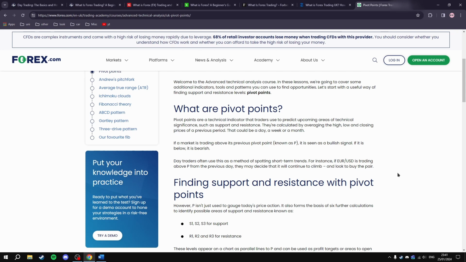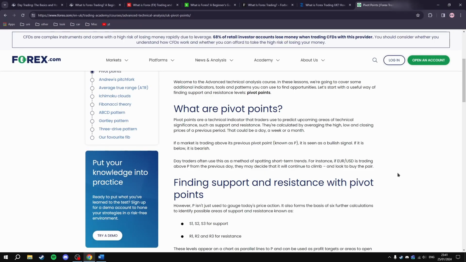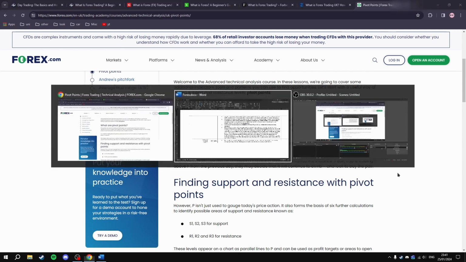That could be a day, a week or a month. If a market is trading above its previous pivot point, known as P, it is seen as a bullish signal. If it's below, it's bearish.